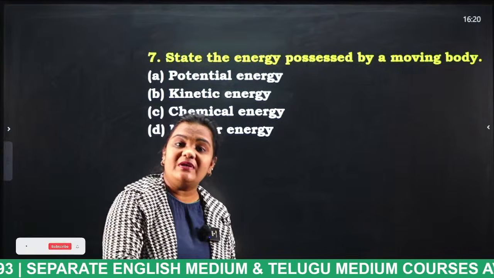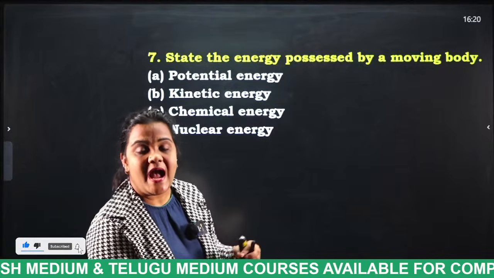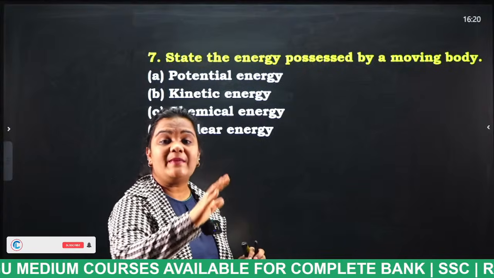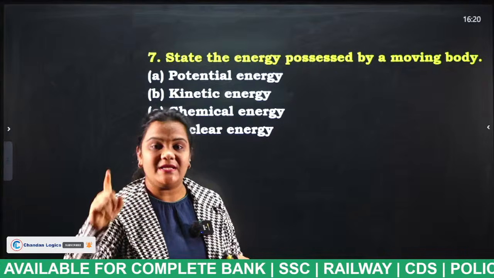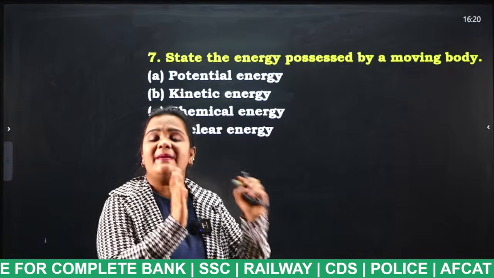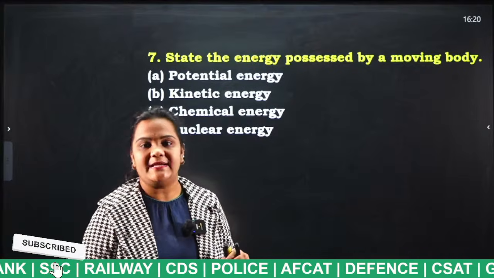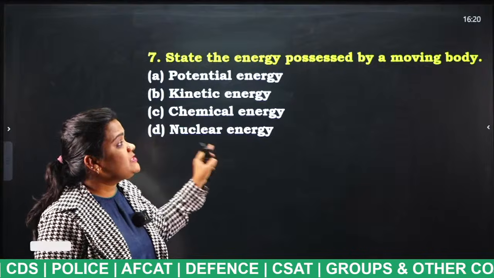I am lifting one object. What energy acts there, students? Potential energy. I am pushing an object with some force. That type of movement is known as what, students? What energy is applied here? Kinetic energy. And what is mechanical energy? Mechanical energy is nothing but potential energy plus kinetic energy. And what is it? State the energy possessed by a moving body.